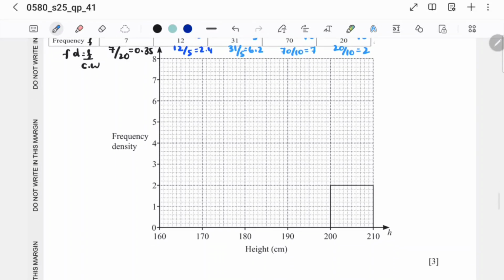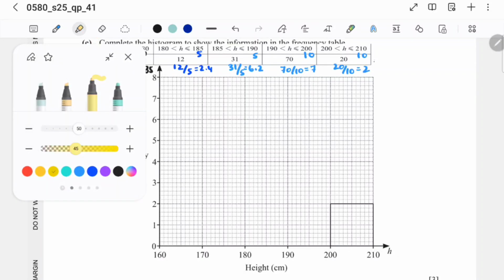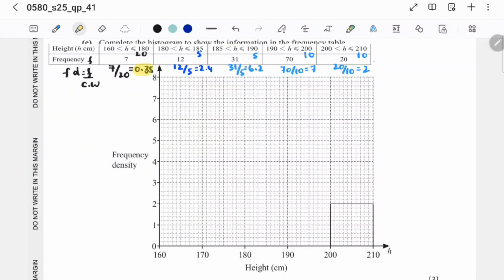So I'm just going to draw this. The first one, 160 to 180, is reaching till 0.35. I'm going to make these numbers go with this class width, because they are the frequency density.